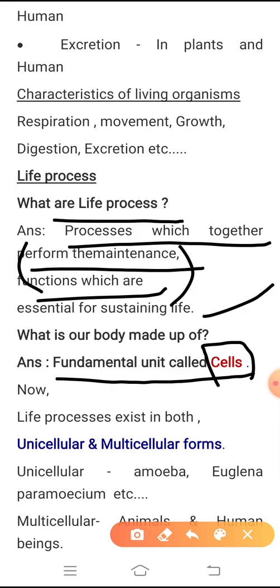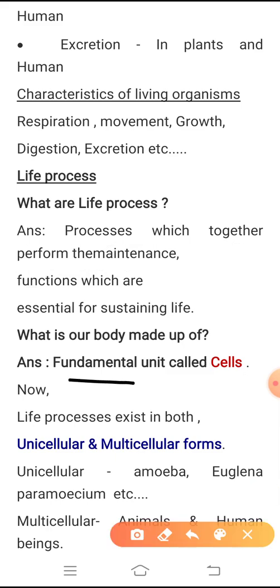So now I was asking you, what is our body made up of? You know that our body is made up of the fundamental unit called cells, right? The complete body is made up of cells, and each cell present in our body needs energy, right? So every organ needs energy to perform activities. So we define the life process as a process which together performs the maintenance functions which are essential for sustaining the life.